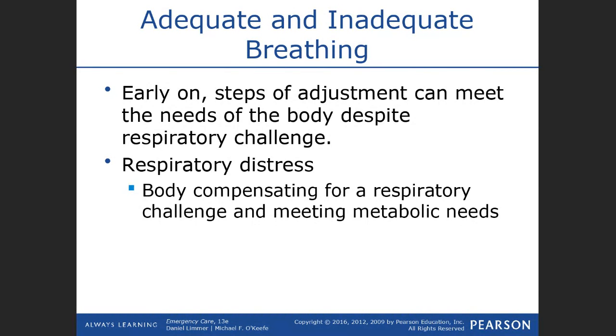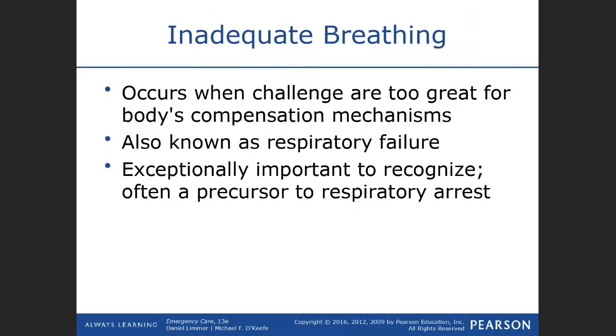When the patient gets to this stage, you need to prepare to bag your patient. So you're going to treat the patient as if they have failed, as if the respiratory system has failed. So that's respiratory distress. Now, if respiratory distress is not corrected, it will lead to respiratory failure.